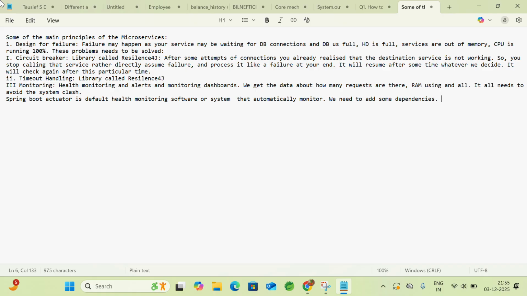And apart from that, we have our fourth way of solving the problem, which is distributed logging. What does it mean, basically?